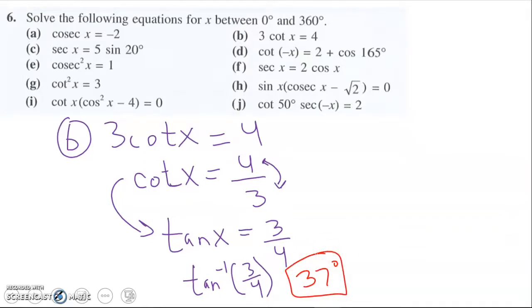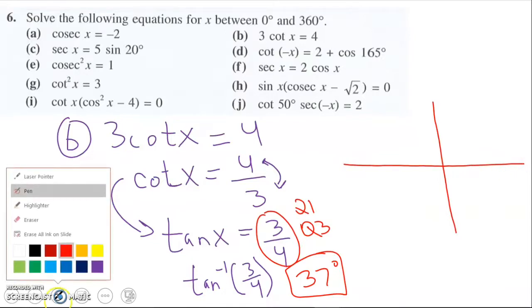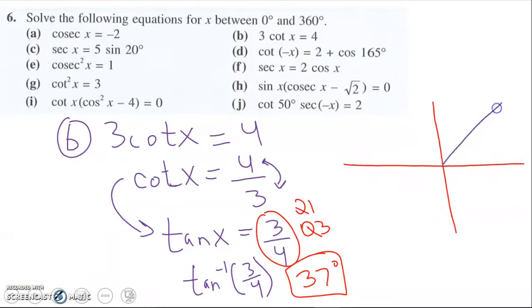Okay. Now remember, where is tan positive? That's going to be in Q1. It's also going to be in Q3. Okay. So off to the side, I know it's going to be in Q1, right here, and then also Q3. You also know it has a base angle of 37. Well, 37 degrees here and 37 degrees here.